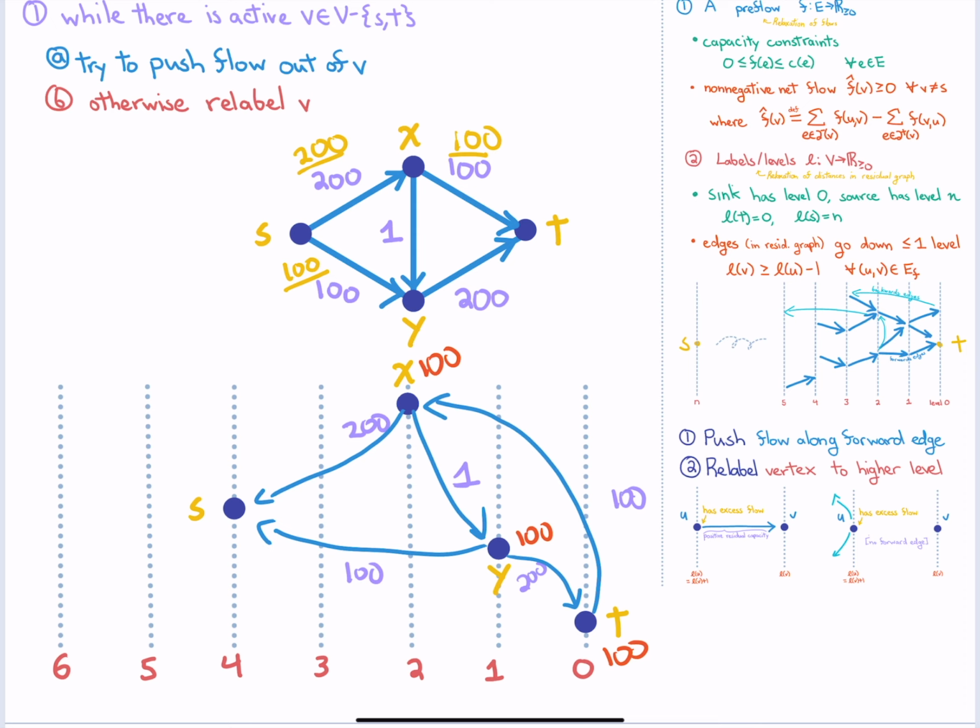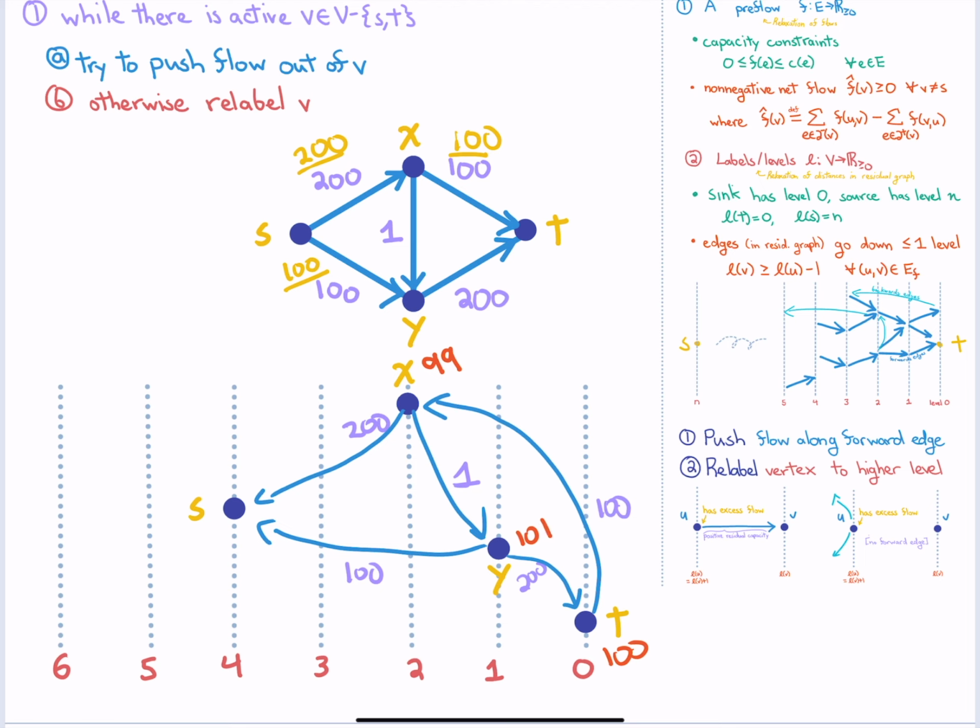Okay, pick an active vertex. Okay, we can do X again. Do you want to push or you want to relabel? Push to. Okay, we'll push to Y. Right. Okay, so this will become 99. This will become 101.